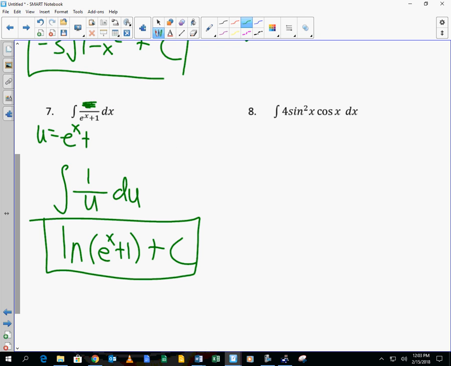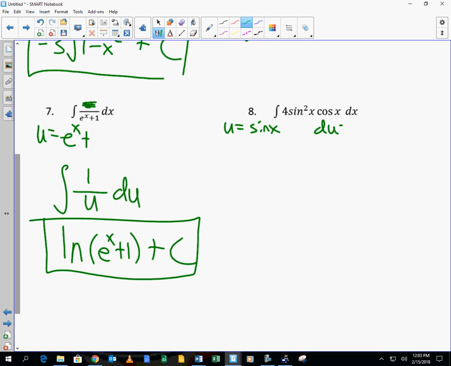Okay, last one. Do you choose u to be sine, or do you choose u to be cosine? What's the derivative of sine? Cosine. What's the derivative of cosine? But it's not negative sine squared, is it? So we like u to be sine of x.